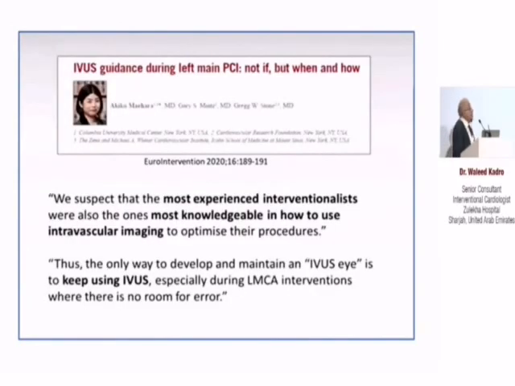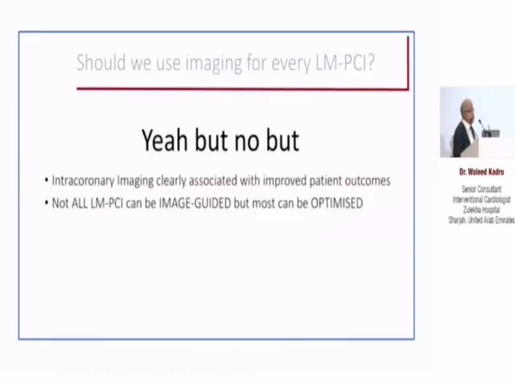And that's with a nice editorial from Akiko Maehara, and hopefully she will be visiting UAE next month for the Gulf Interventional Society. She wrote a very nice editorial saying probably the best doctor knows how to use the IVUS best, and with that they got the better result.